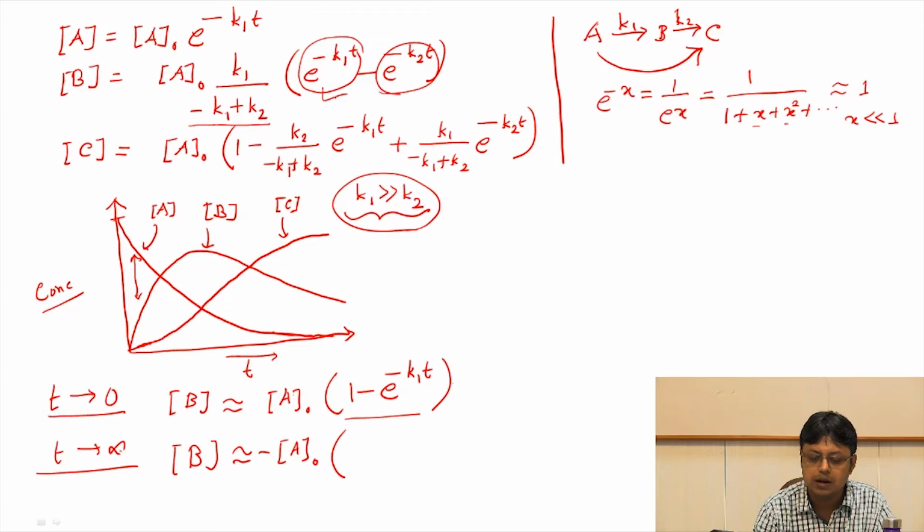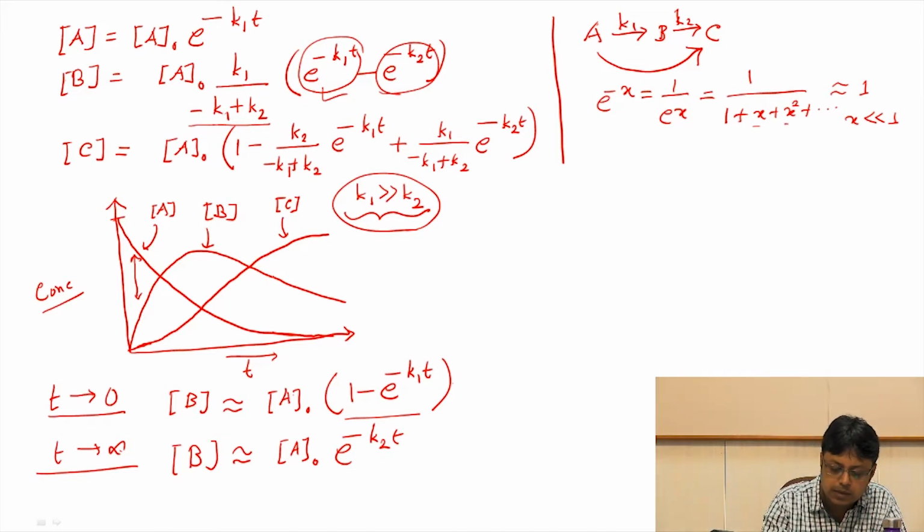It is as if it is 0, and then you have the second term, which is e to the power minus K2t. There is a minus sign also here, so the two minus signs together give e to the power minus K2t. So in the long time, B is decaying with its own rate constant, which is B forming into C, and at that rate, C is also growing.